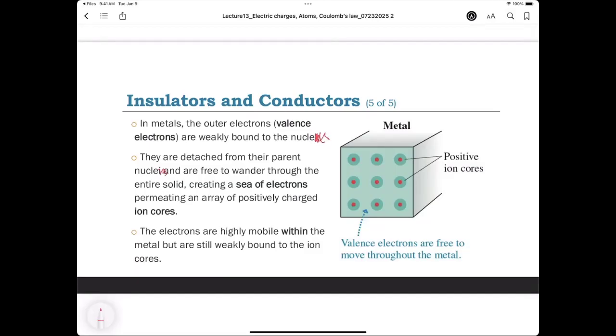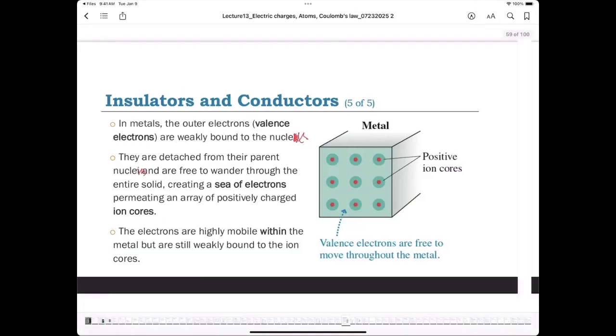The electrons are highly mobile within the metal, but are still weakly bound to the ion cores. This is why the insulator cannot transfer the charge, but the conductor can transfer the charge very easily.